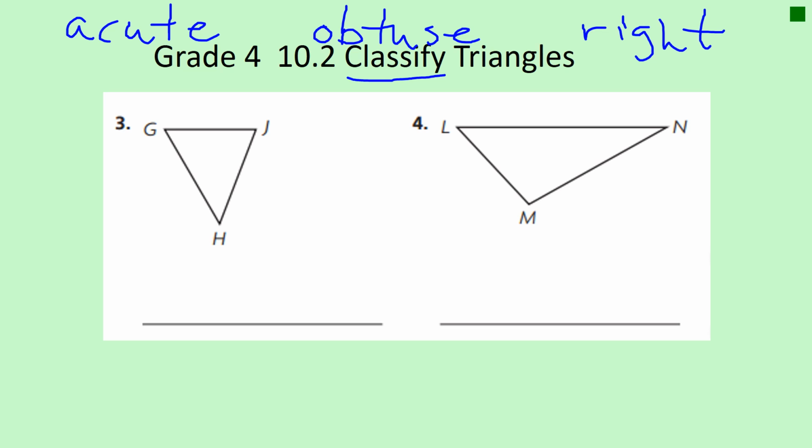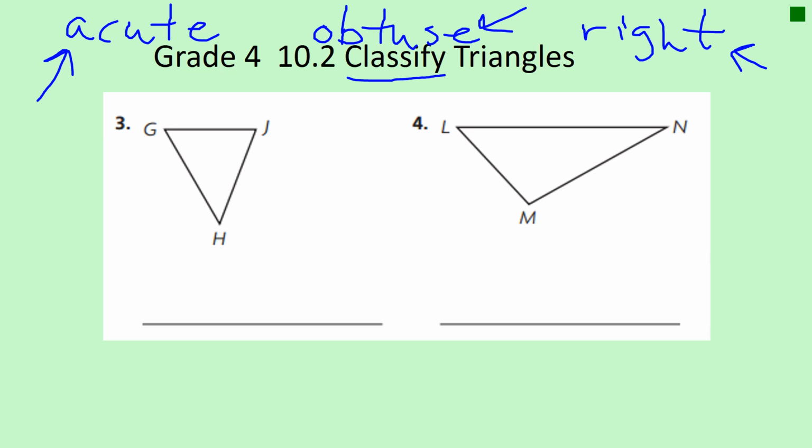So you probably know that acute triangles have all acute angles. Obtuse triangles only have one obtuse angle in it. And right triangles only have one right angle in them.